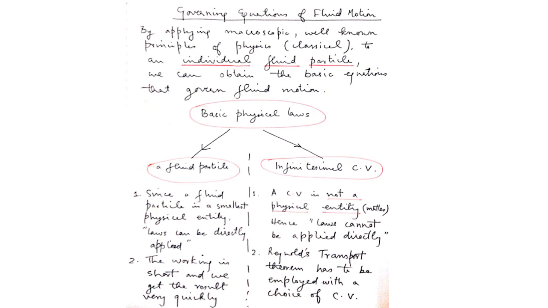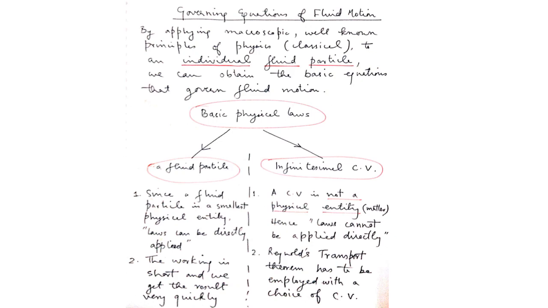Now the second point is that there is some mathematical advantage also with the direct approach using a fluid particle. The working is short and we get the result very quickly. You will directly see this when we use both approaches to derive the continuity equation. Here, as I mentioned earlier, the Reynolds transport theorem has to be employed with a specific choice of the control volume.